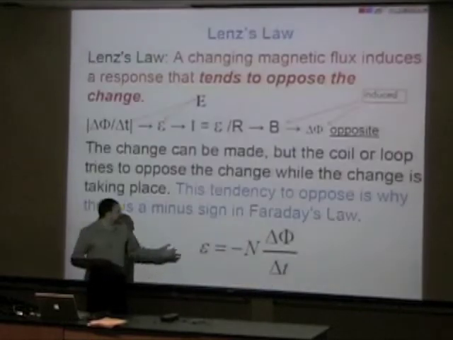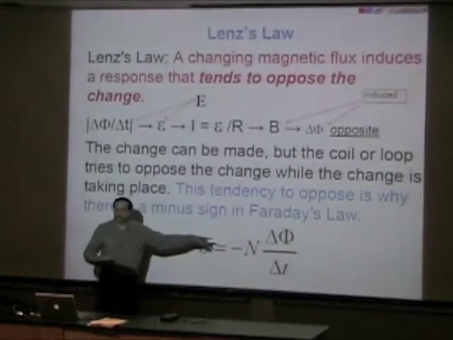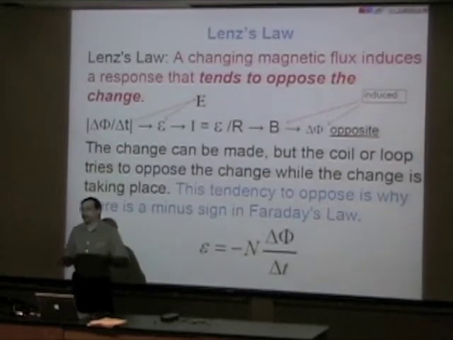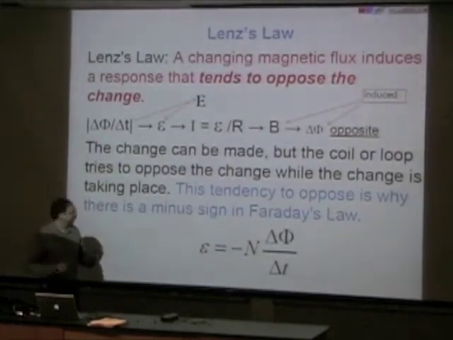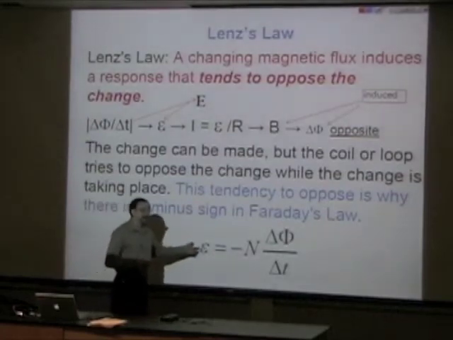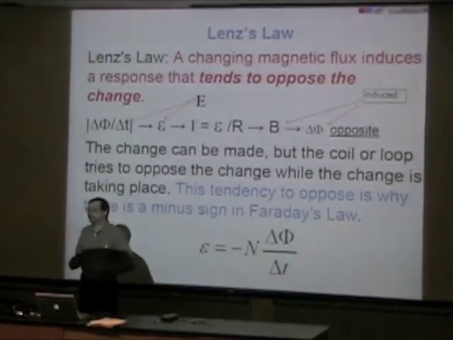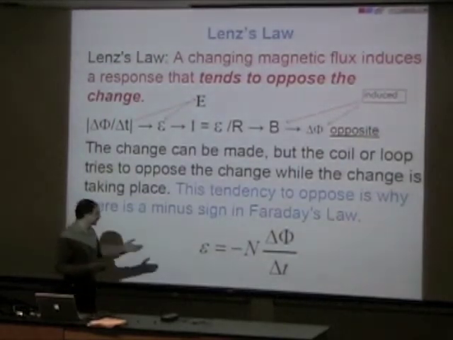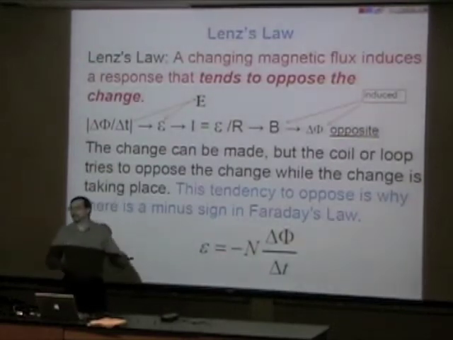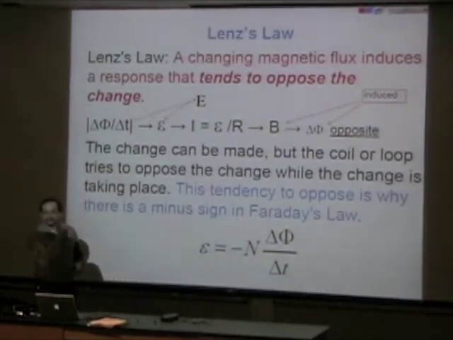So this calculation also gives us the way to figure out the direction of the current. If we keep our agreement, a negative value for EMF gives negative value for current, a negative value for current says it's clockwise. A positive value for EMF gives positive value for current, positive value for current says it's counterclockwise.